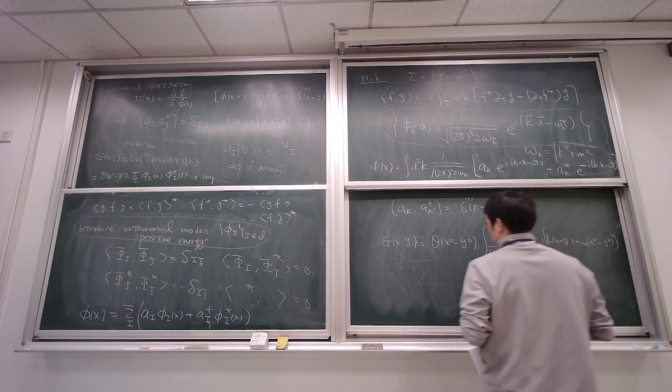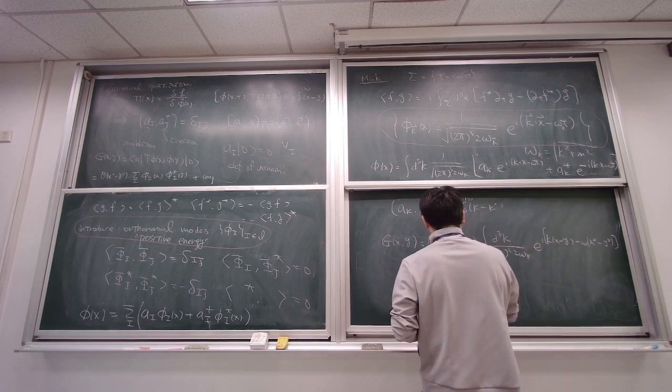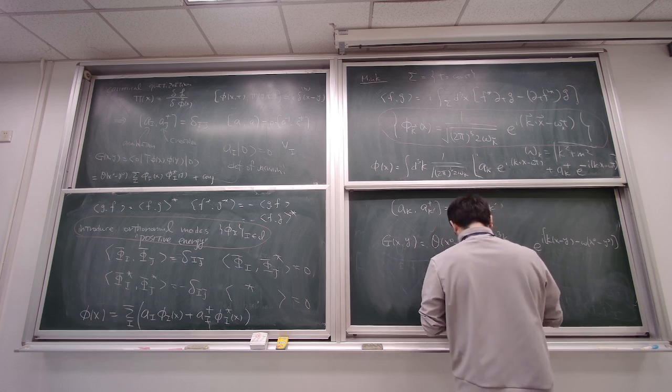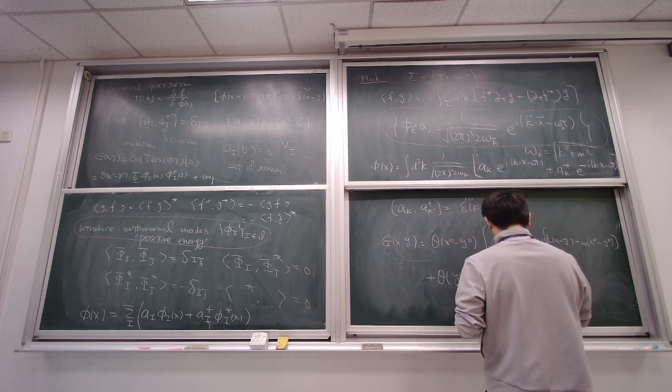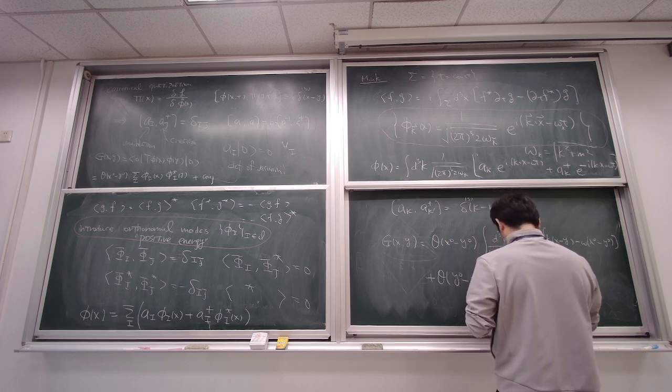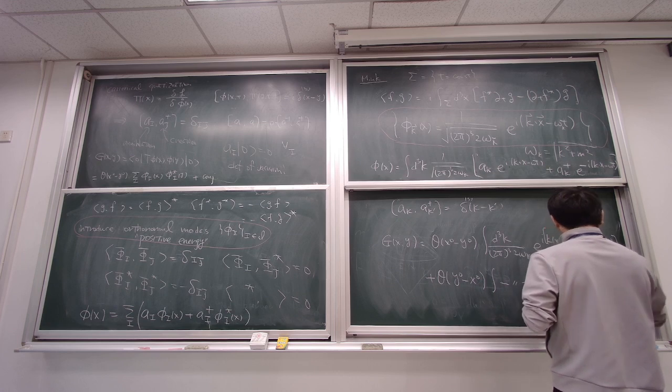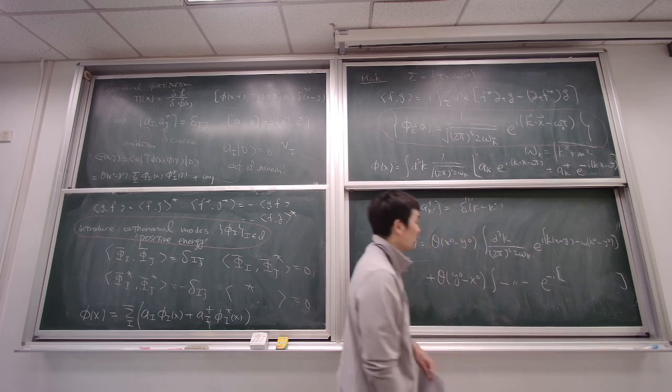And then the other is something like its conjugate, with y0 minus x0, the same, just with the minus sign in the exponent. Okay, so I'm not going to write down everything.